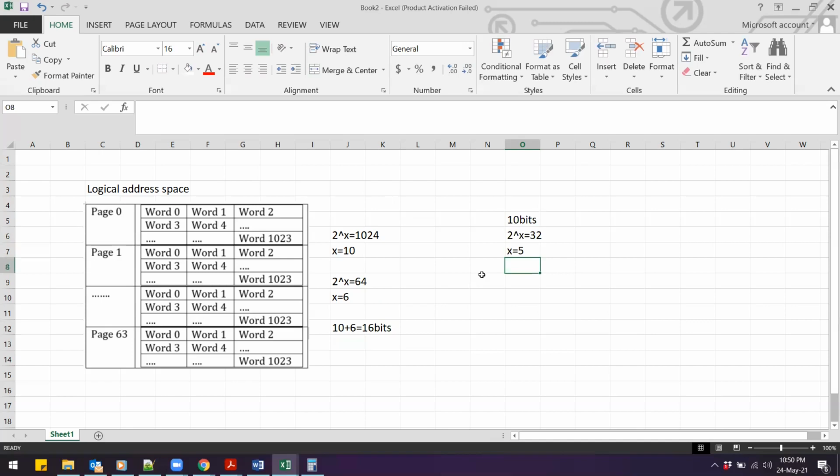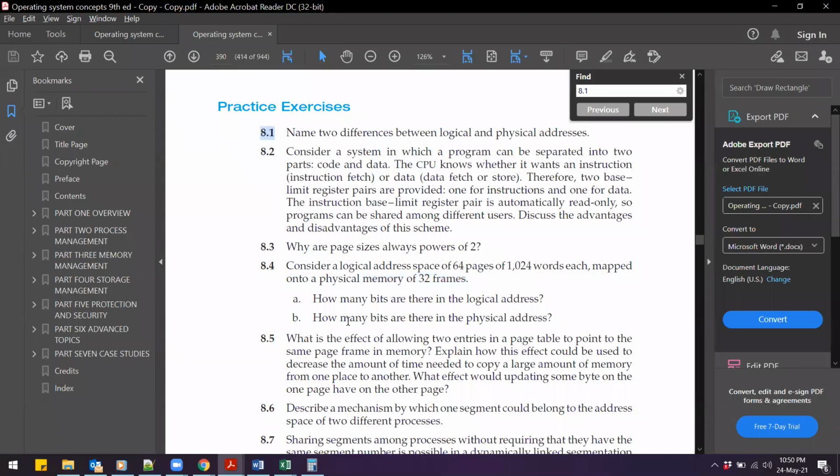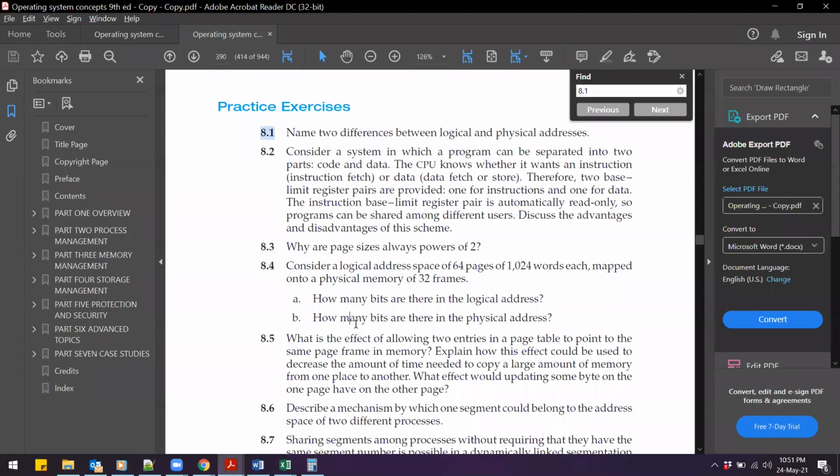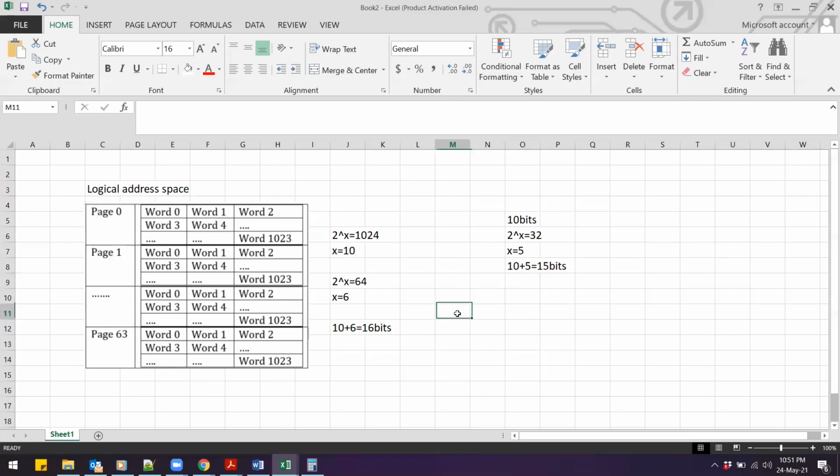So to represent the physical memory, we will need 10 plus 5, that is 15 bits. So part I was how many bits are there in the logical address space. So in the logical address space, there are 16 bits, and in the physical address, there are 15 bits.